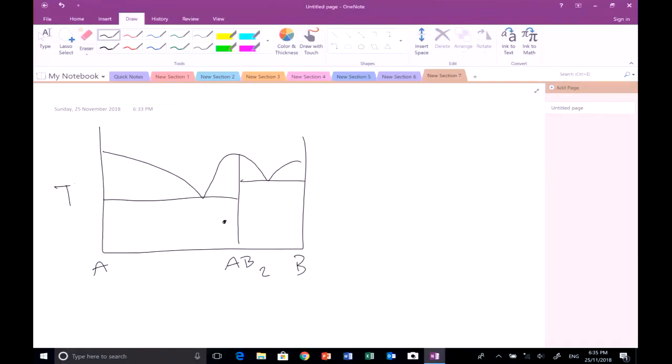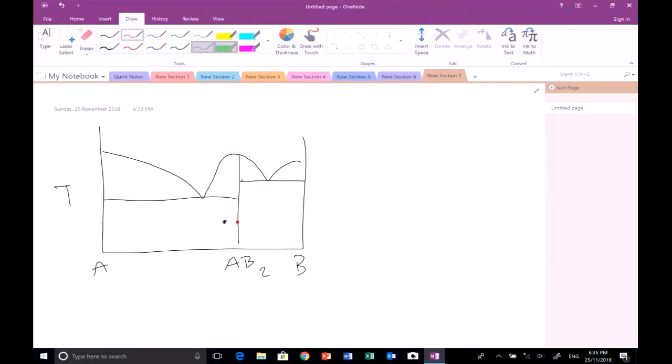So if my composition were here, what would it be? No, what would it be quantitatively? 100% AB2.